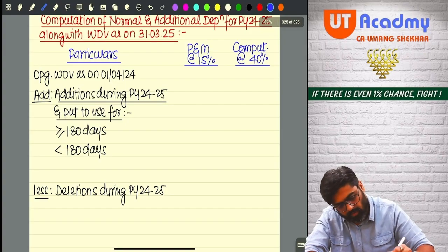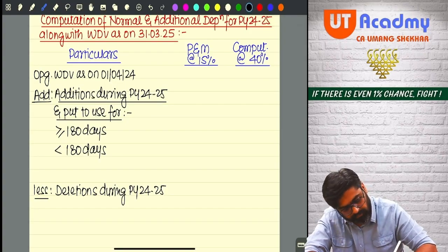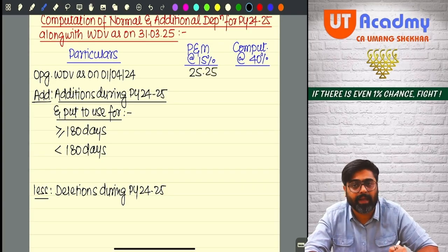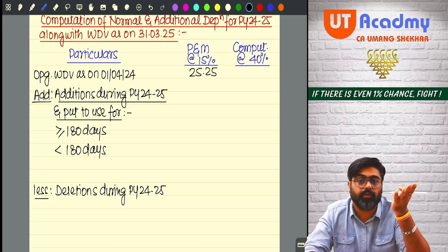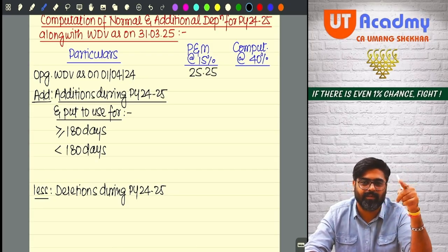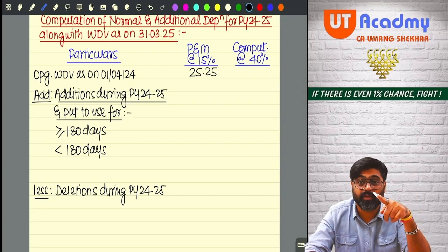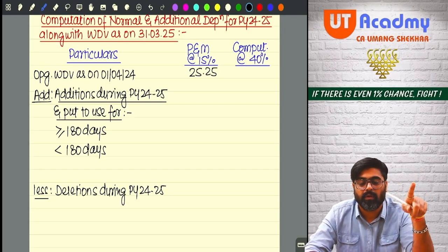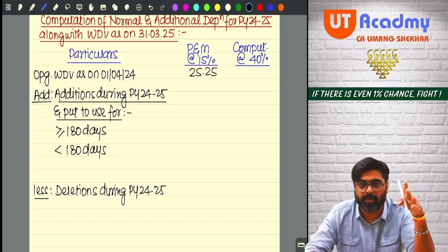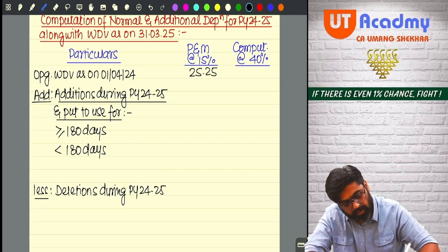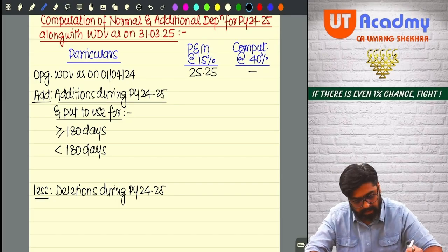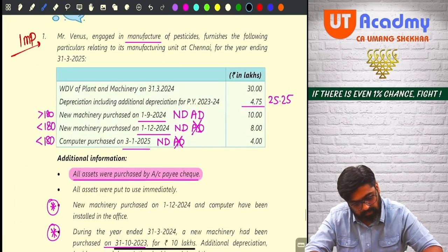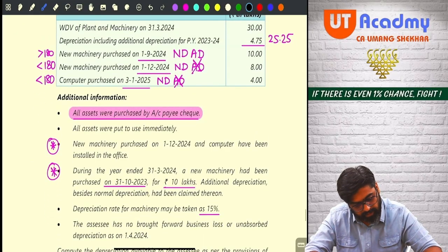Let's start. What was the opening? 25.25. Plant and machinery. We have already calculated, yes or no? All the rupees are in lakhs. So if you try to round off, the difference will be in few thousand or few hundreds. Getting my point? So don't round off. Write down the full, at least 3 or 4 decimal points. Computer will be dash. Additions happened? Yes. What additions happened? Let's check. 10, 8 and 4.